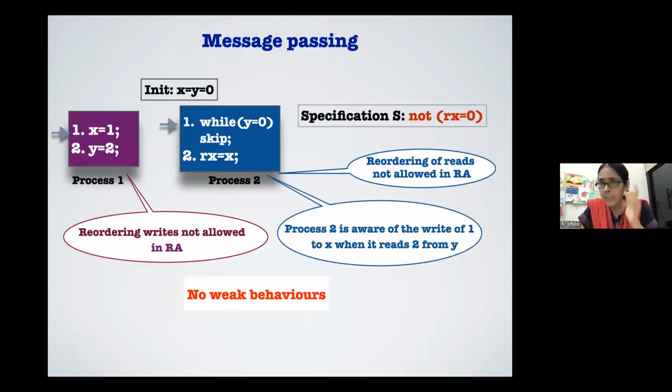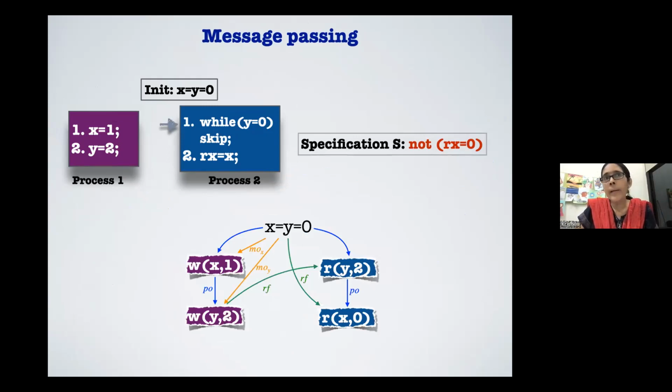Absolutely. But I think what she also wants to say is that if you look at all possible execution graphs, some of them would also correspond to the standard sequential consistency execution graphs, where I do not do any kind of reordering.